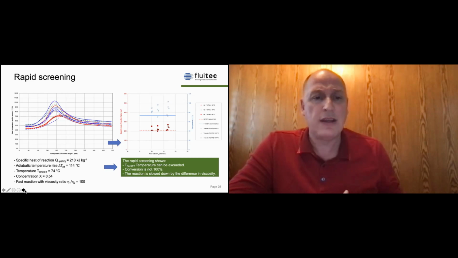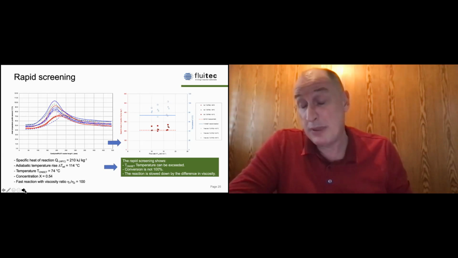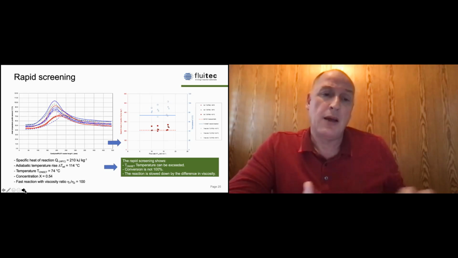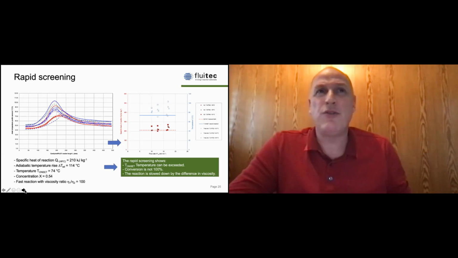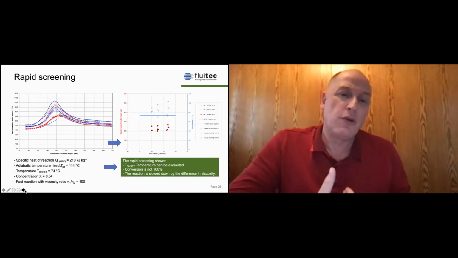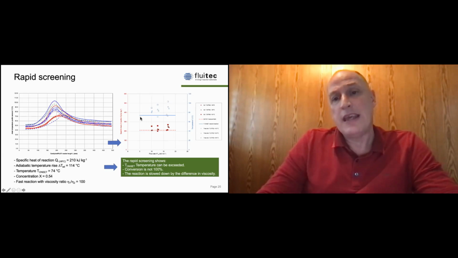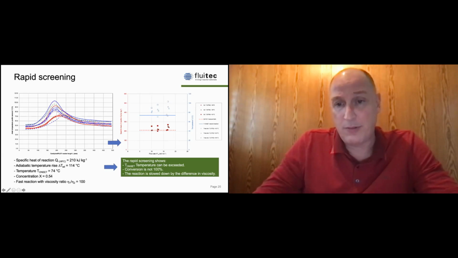So what is the T onset? That is a measurement which has been done in a DSC calorimeter, and it gives the information if you get some side reactions or some runaway scenarios. Here this blue line is, for example, in this reaction, the T onset. Here the decomposition of the reaction starts.